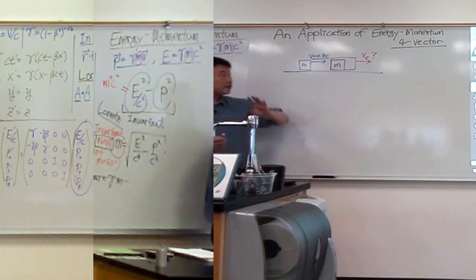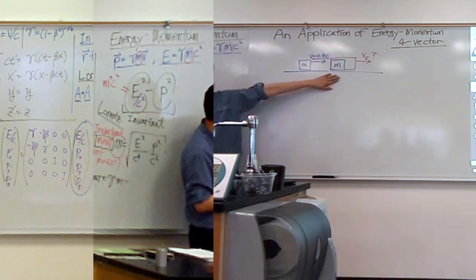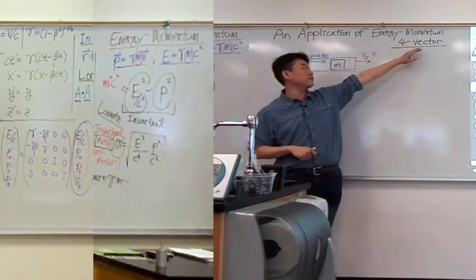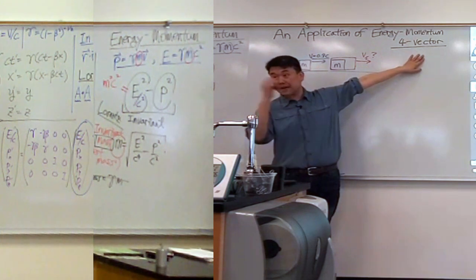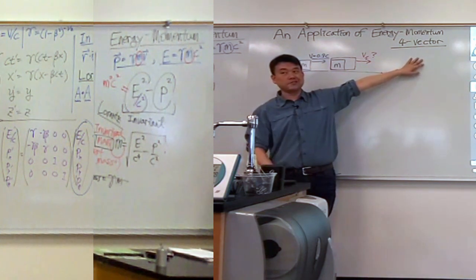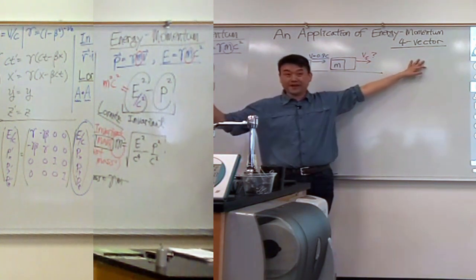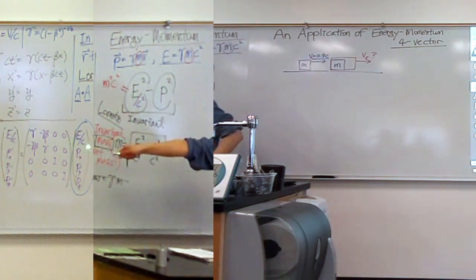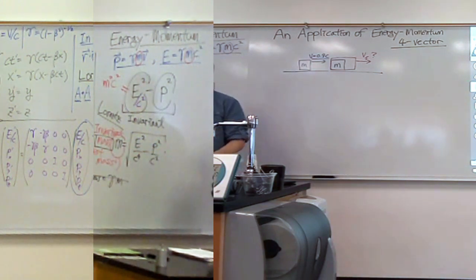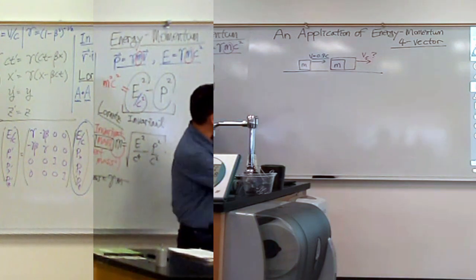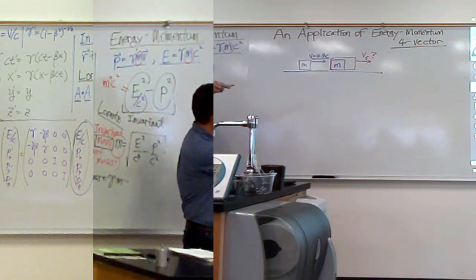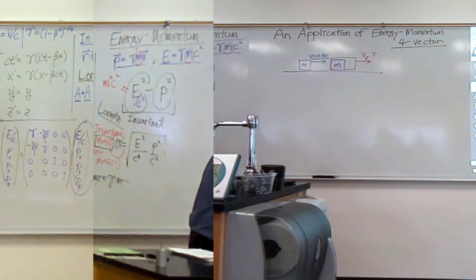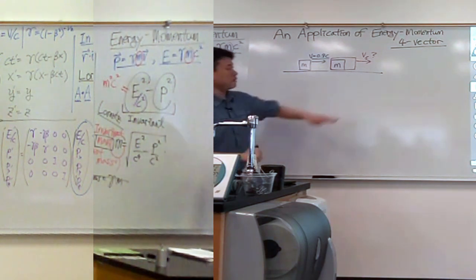So let me recast this problem in terms of conservation of the energy-momentum 4-vector. Last time we just used conservation of the 3-momentum vector, the conservation of momentum that you are already familiar with. Now what I'm saying is that it's not just the momentum part that's conserved, it's the entire 4-vector.